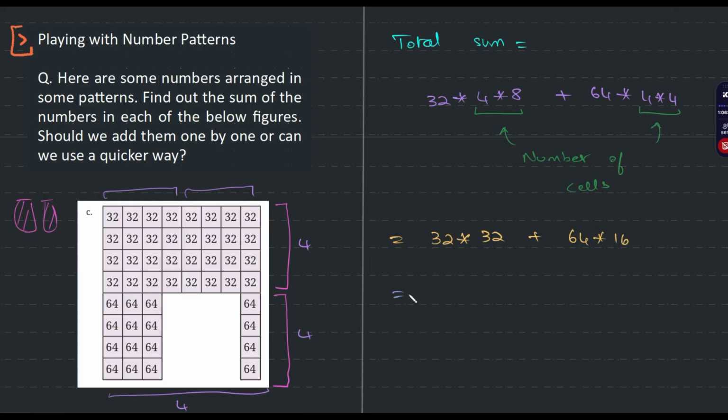Right? So 32 into 32 is 1024, plus 64 into 16, which is also 1024.